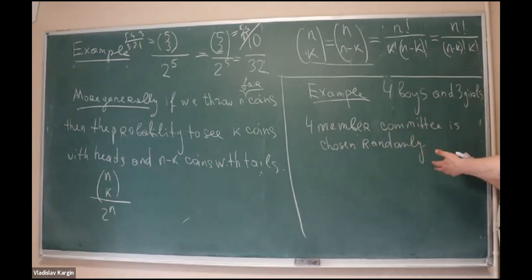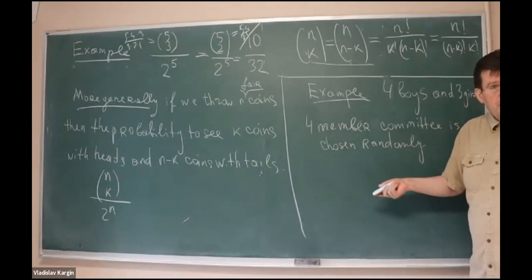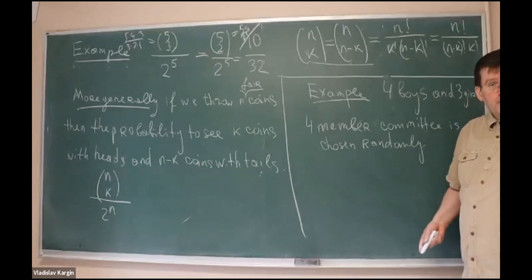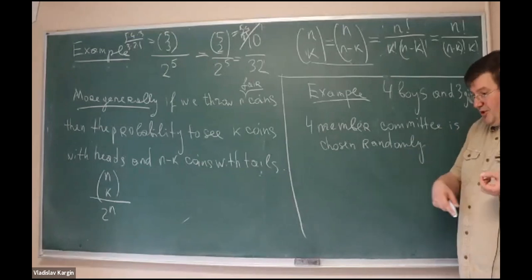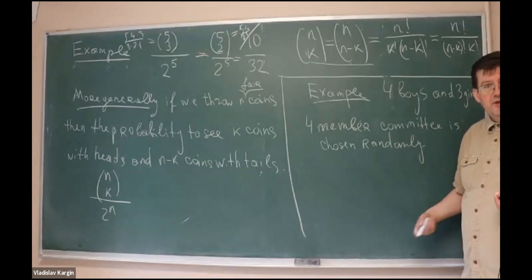And by randomly, I mean either this procedure that I described, or you list all possible committees and after that choose one of these committees. So just all possibilities.